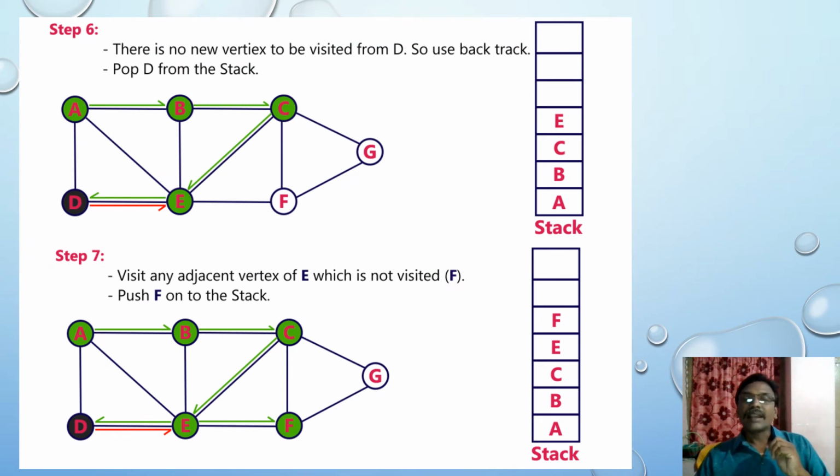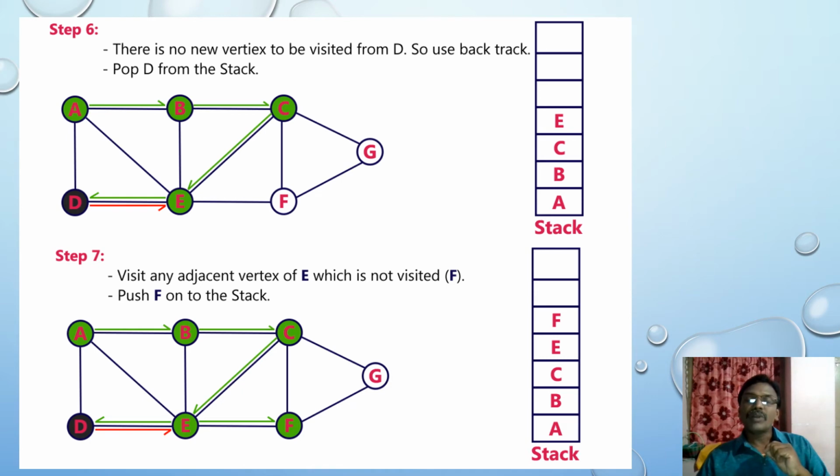Then again check D's adjacent vertices. D's adjacent vertices are A and E, but both are visited vertices. So using backtrack, which means the previous vertex, that is E, D is popped. Then check E's existing vertices A, B, C, and F. But A, B, C are already visited, and F is the only non-visited vertex.